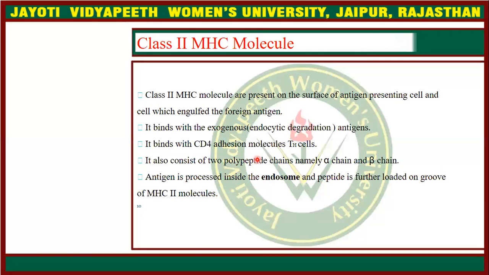Now the class 2 MHC molecule. Class 2 MHC is also very important, and the class 2 major histocompatibility complex is present in all the immune cells. It means it is present in the cells which are involved in the immune responses, including antigen presenting cells.